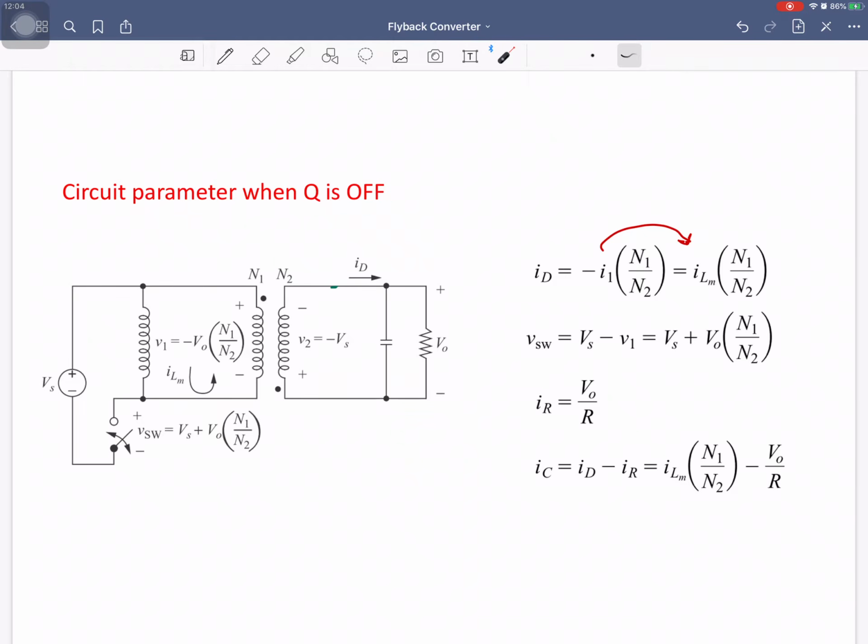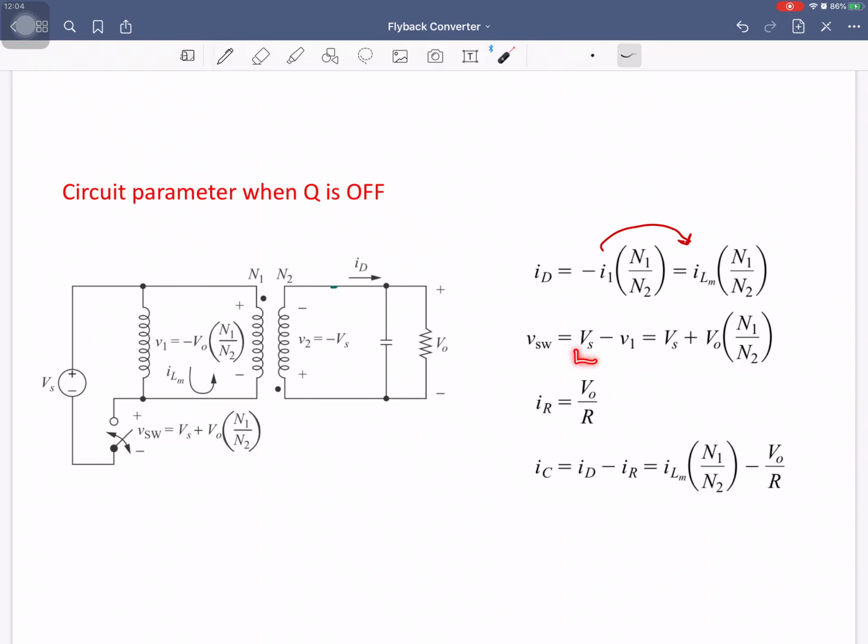If you look at the polarity, this is the reference polarity, but now at the moment the polarity is like this when your switch is in the off state, right? So because of the opposite polarity, the voltage across it is minus V1.